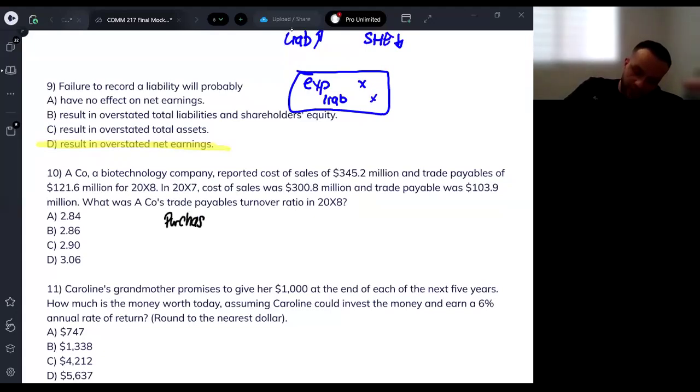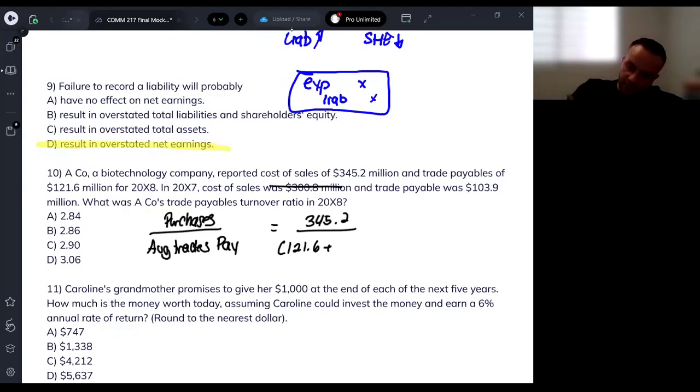So you take the purchases over average trade payables. So 345.2 over 121.6 plus 103.9 over 2. And we get 3.06.